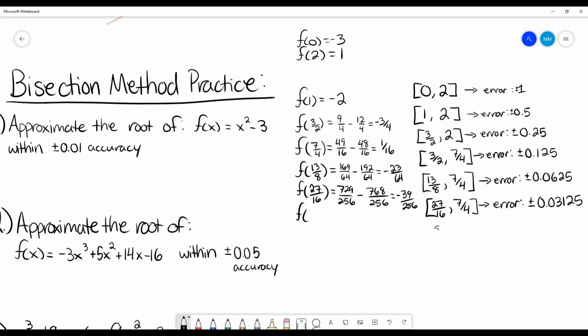So that's 54 out of 32, and that's 56 out of 32. So I want 55 out of 32. Which is getting us some pretty big numbers. This is rough. Okay.